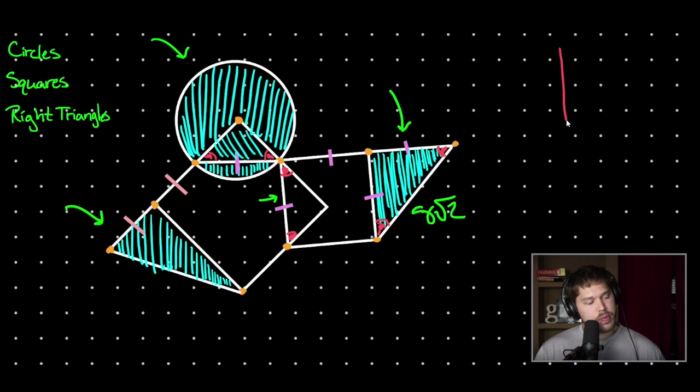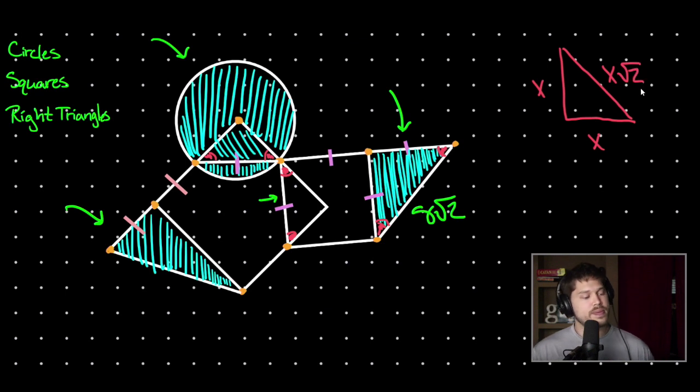Now you remember that your 45, 45, 90 right triangle has legs of some side length x and your hypotenuse of some side length x square root 2. Therefore, our side length of this triangle must have a value of 8. And so our side length of our square is also 8.